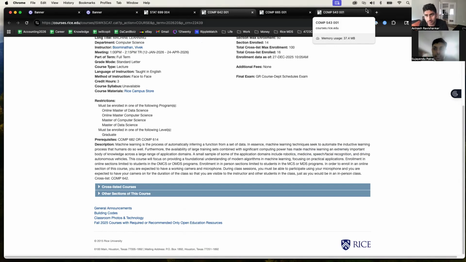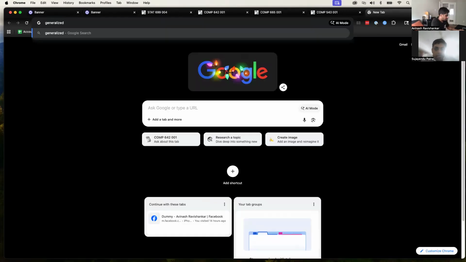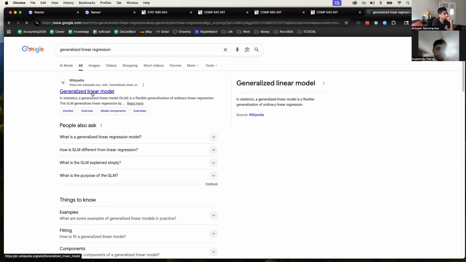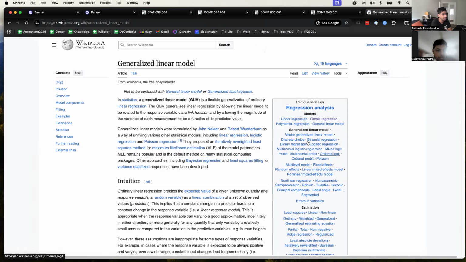Can you open the generalized linear regression wiki page, just to have the formulas for the discussion? That's a good idea. There should be a wiki page, hopefully by this name. Yeah, GLM. Logistic regression, mixed logit, ordered logit. So all those things are covered.